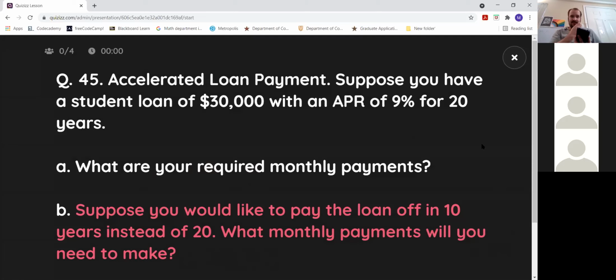And if we want to pay it off in 10 years, what is it? How's that payment going to be different?